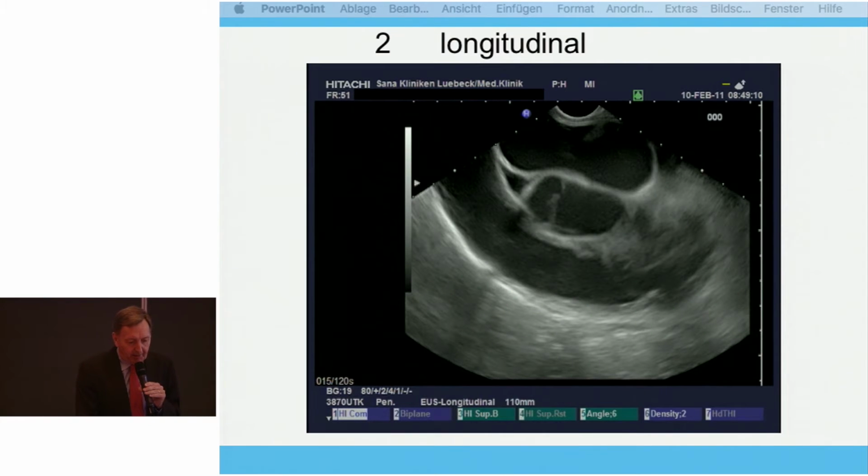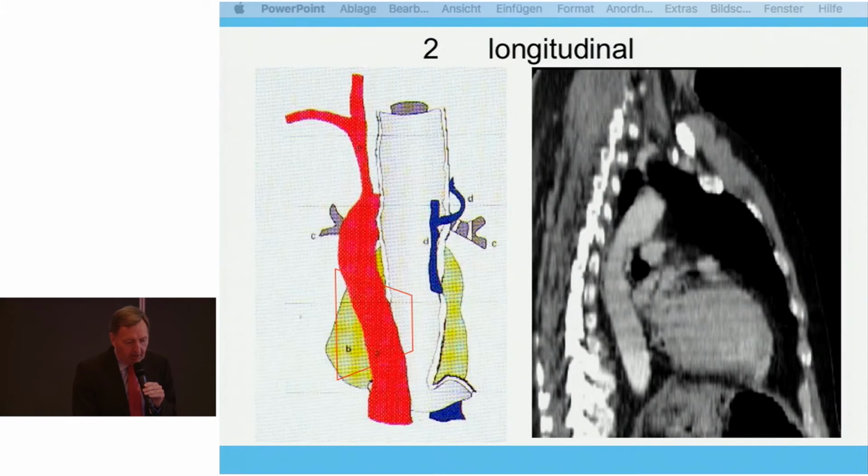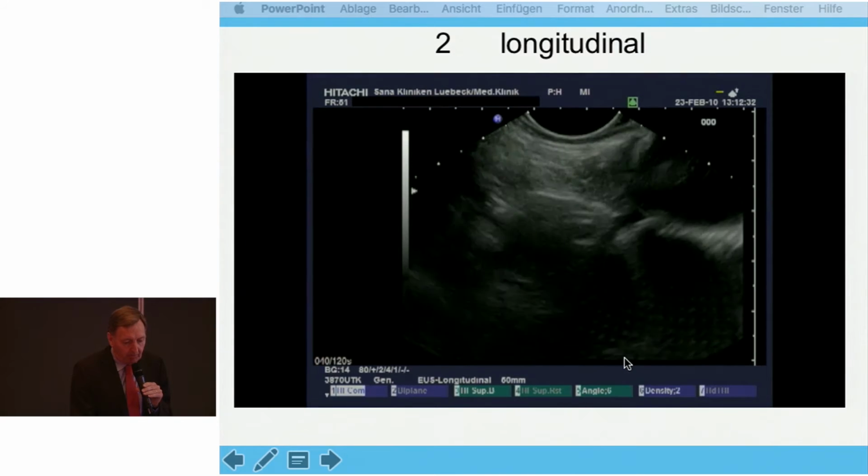The next step is to see the pulmonary trunk together with the aortic arch, and then you follow down with the scanner following this descending aorta. So you go this way along, the esophagus is behind, and you go backwards, it's in front, and you go backwards, downwards into the stomach.